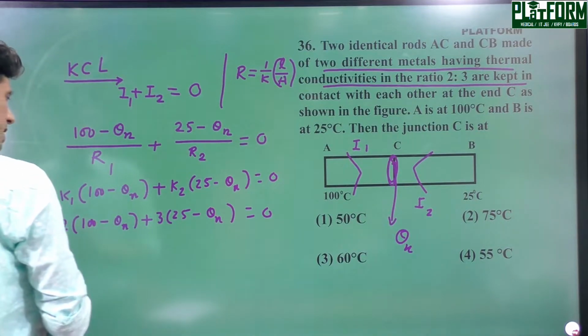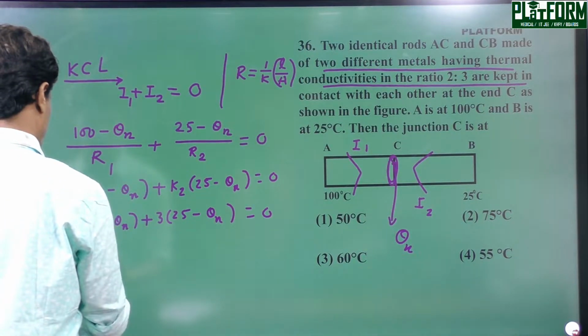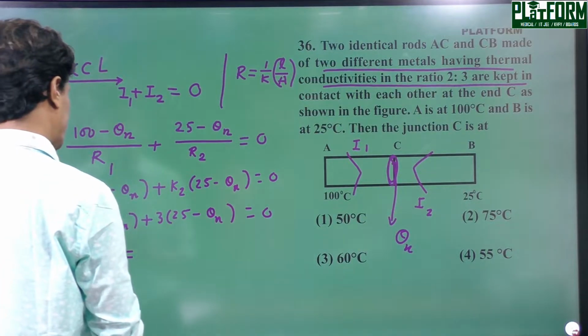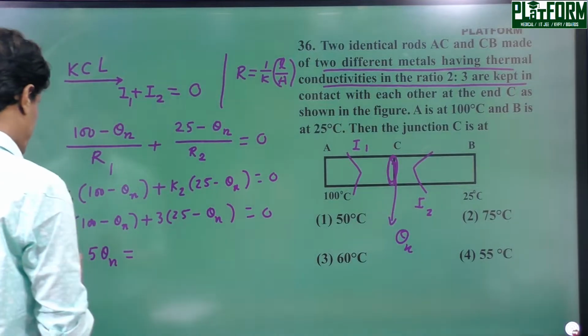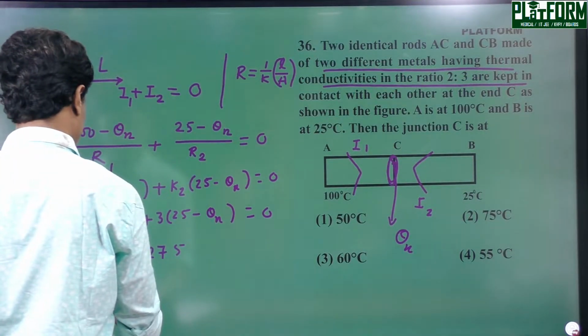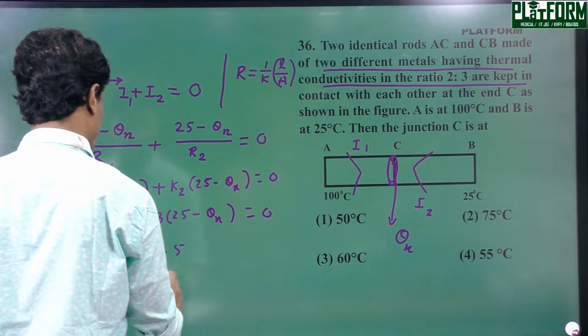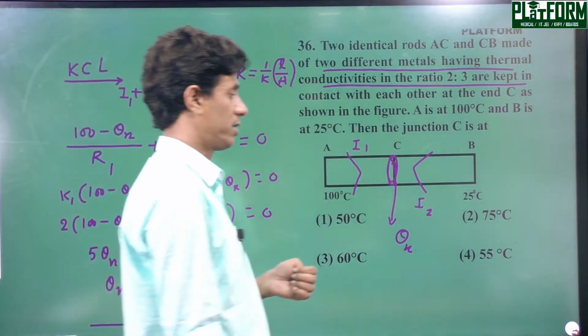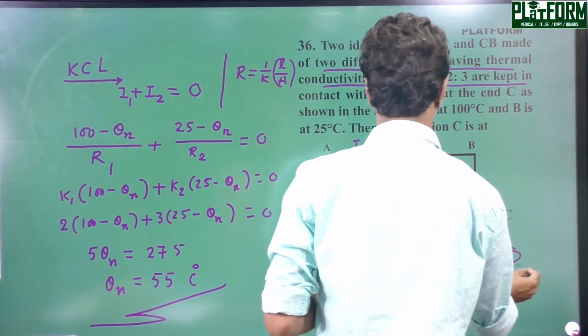So 5 theta is equal to 275, and theta equals 55 degrees centigrade. The right option here is 4. Next problem.